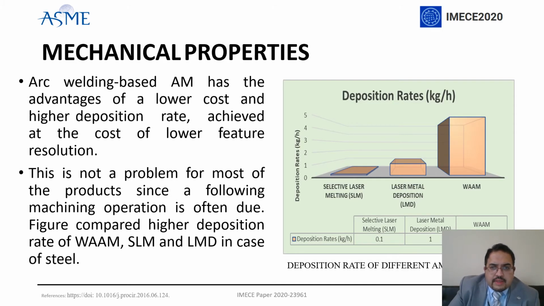Before we go to the mechanical properties, there is another thing: the deposition rates in this case are compared with different additive manufacturing processes, and here you can see that the deposition rate for the WAAM process is much higher than the SLM and the LMD process, as shown in this graph.